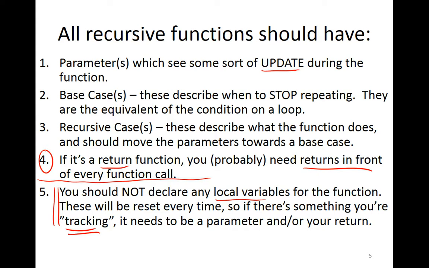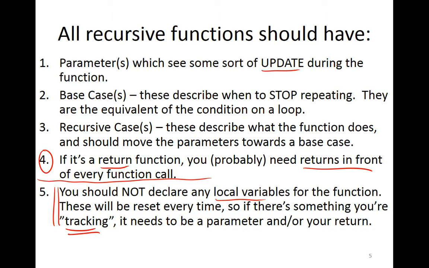If there is something like a running total, like we're going to do a function in a minute where you sum up the numbers, well, normally I would make a variable called sum, run through the list, keep adding to the sum, and return it at the end. But sum would be a local variable that I create when I start the function. I can't do that now, because every time I call the function, that sum would get reset to a random number.